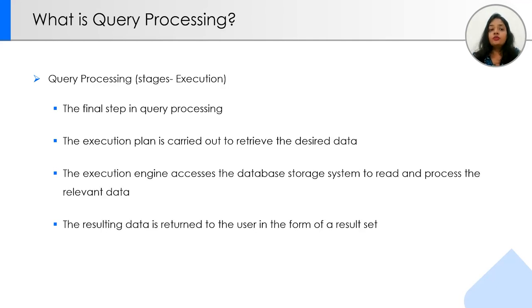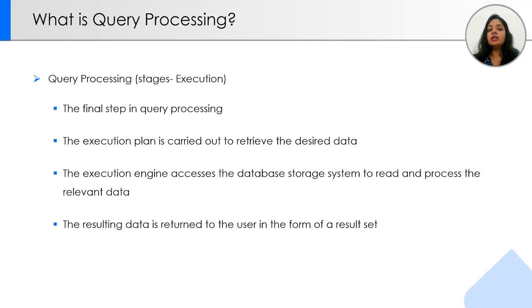The last stage of query processing is execution. So here, basically, the execution plan is carried out to retrieve the desired data or the accurate result. So here the execution engine accesses the database storage system to read and process the relevant data, because already in the previous three stages, we have clearly defined what data we are looking for and what operation we want to conduct on this particular data.